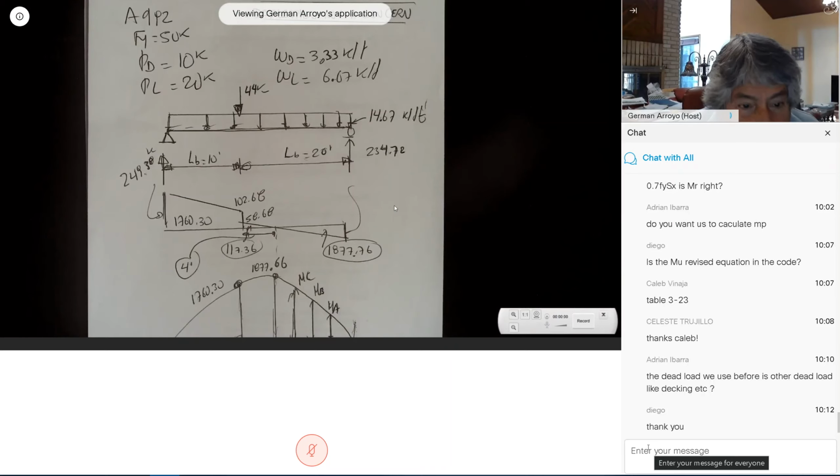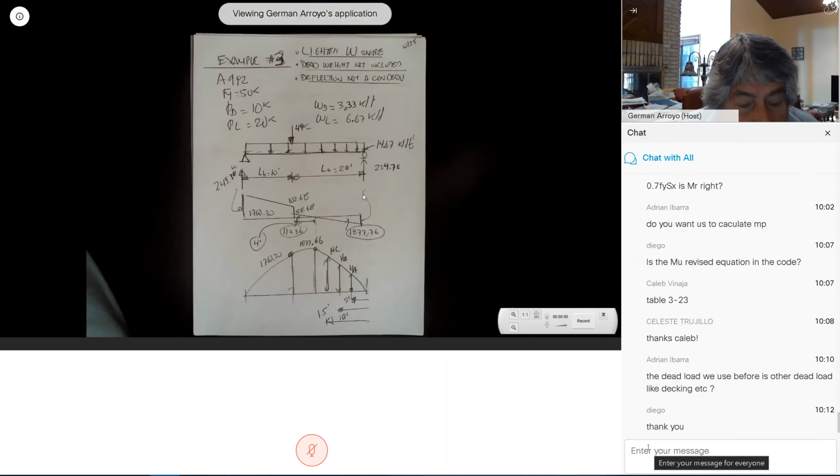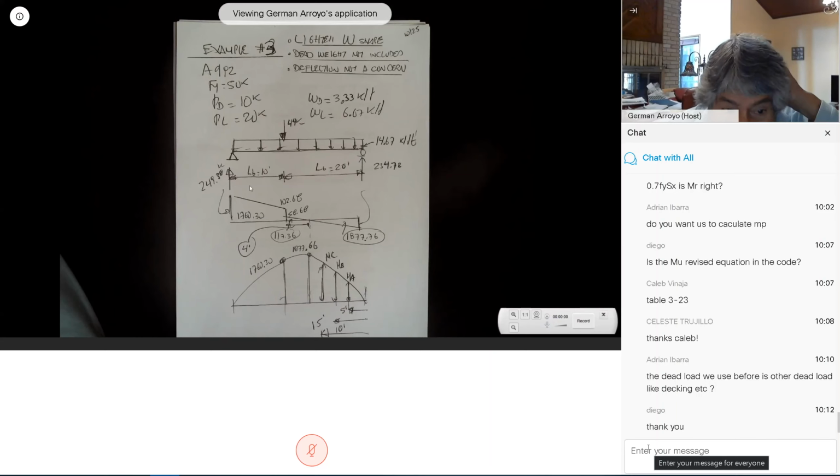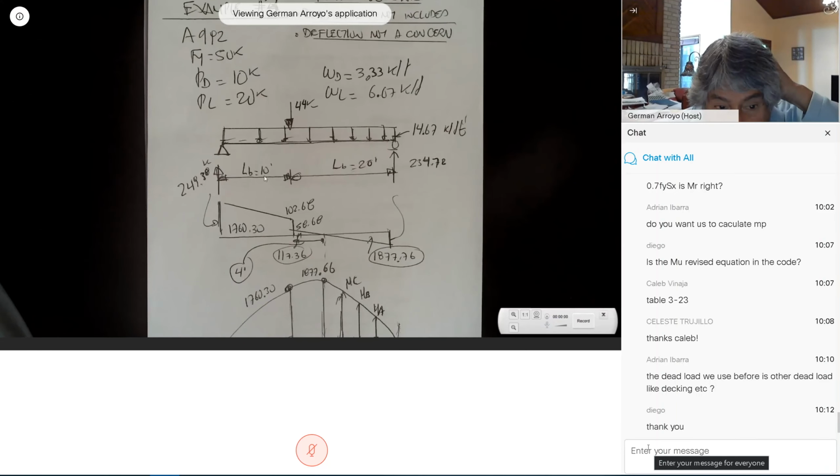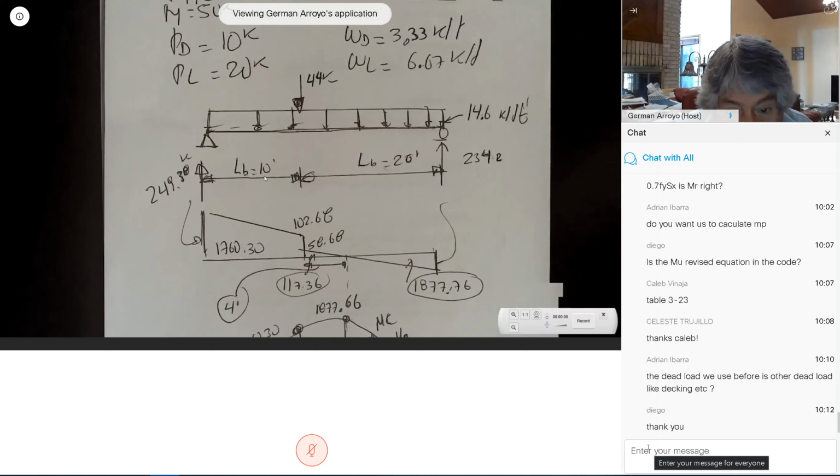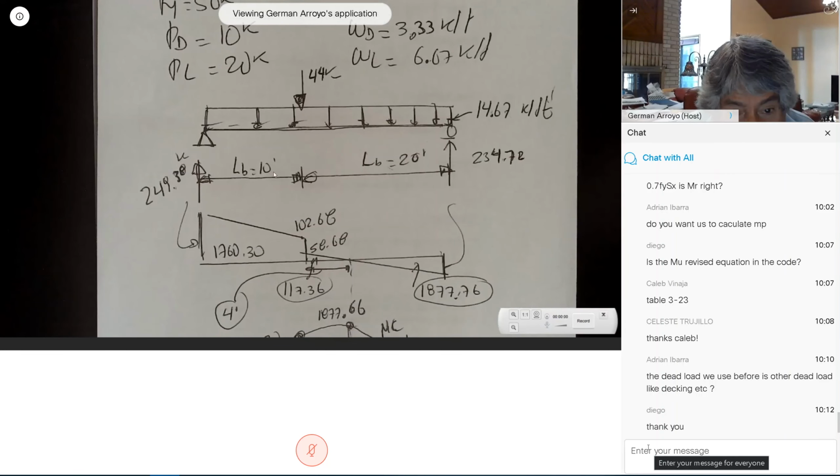And look, we had it here, brace length of 10 and brace length of 20.